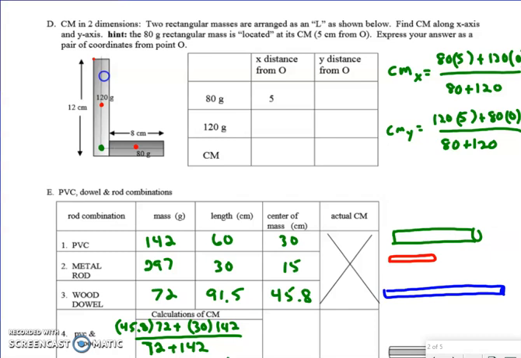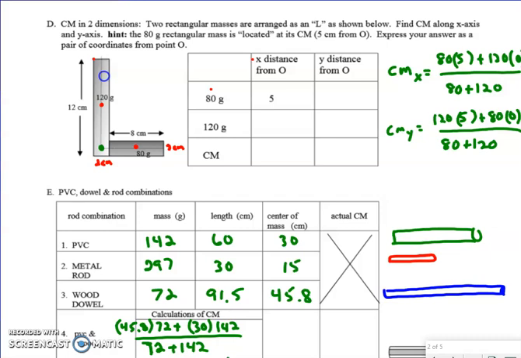The first coordinate is the x direction for the 80 gram mass, and it's already given as 5. Let's make sure we understand why that is. I think the dimensions of the width were given on the sheet: this is 2 centimeters wide, and this is 2 centimeters wide there, because without that information you can't really proceed.